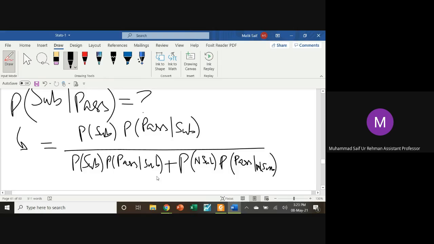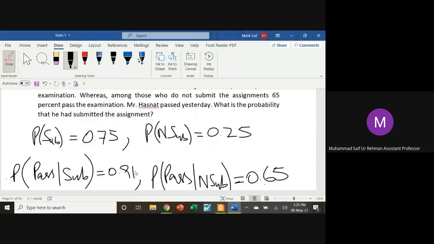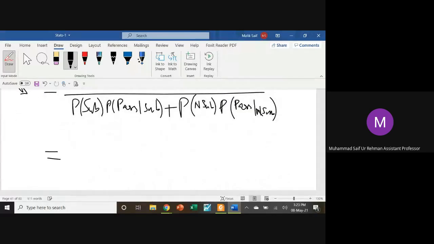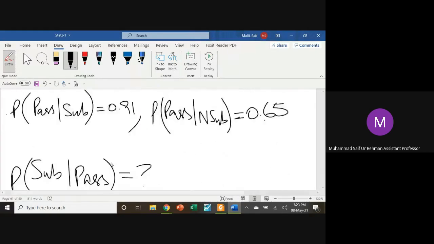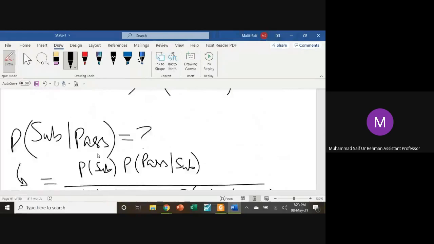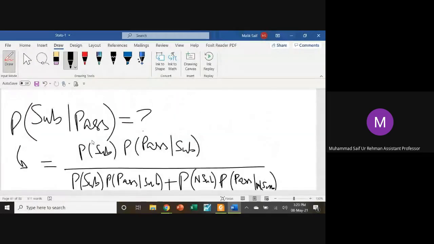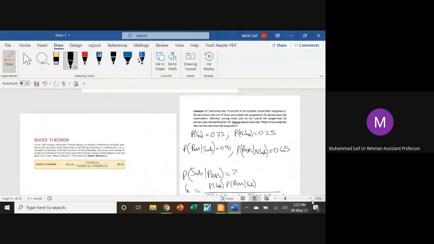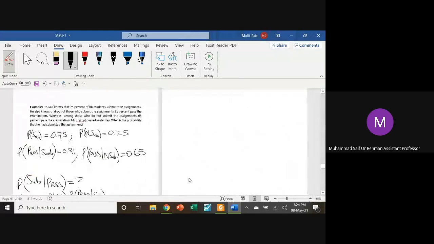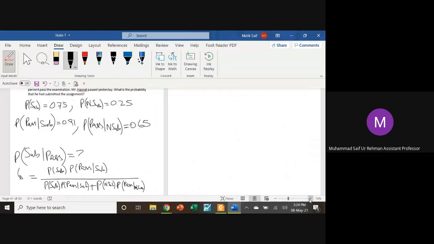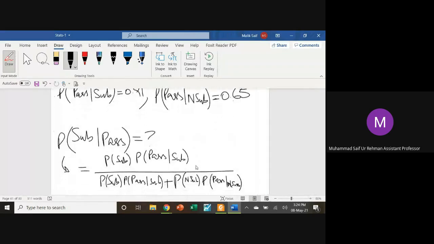So now you could simply substitute the values that we have already written over here in the formula, and this will give us the answer for the randomly selected student, Mr. Hasnath, who had submitted the assignment, and what are the chances for that. So what is this value? Sorry, even then it will remain not visible. So I request your help.